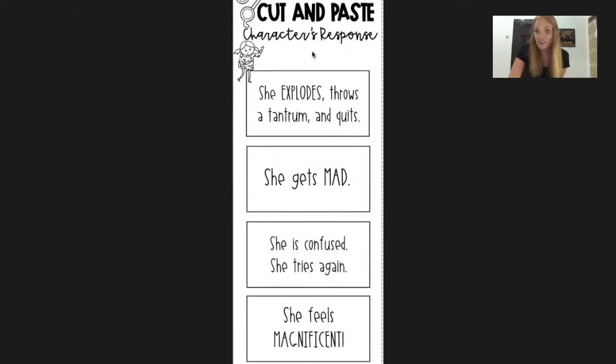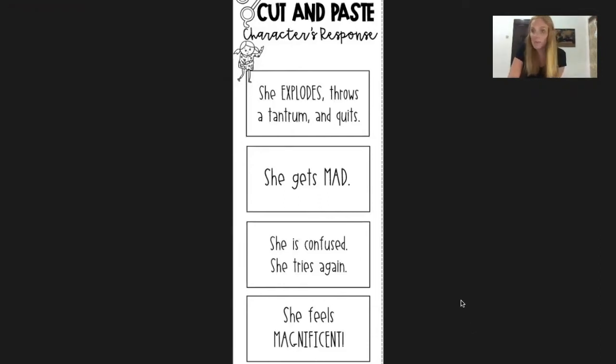Okay, this is the first one that we're going to look at. And if you can read at the top, it says cut and paste. All right, so there are 4 boxes here. So we're going to need to cut all 4 boxes, okay? We're gonna cut here, number 1, here, number 2, here, number 3, and here, number 4.